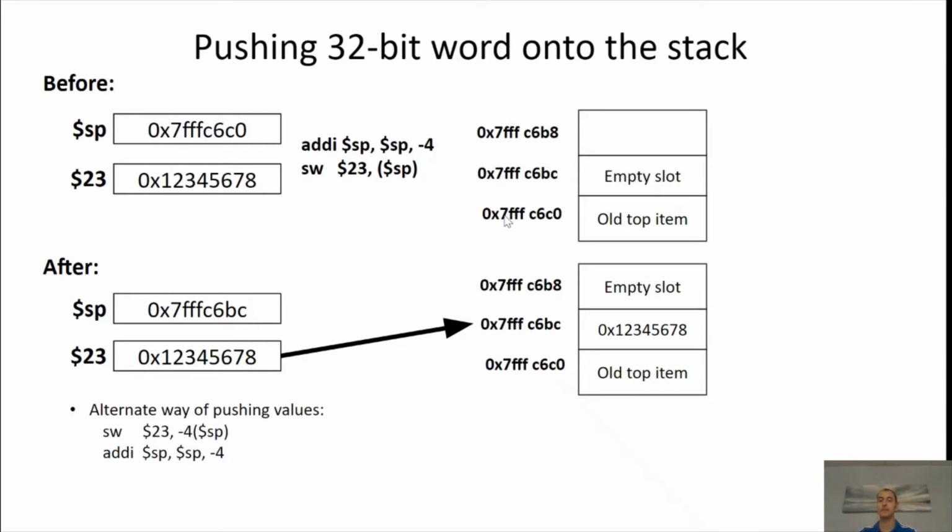So if I am adding a new item, which is this one, the item that I want to add, we said the stack pointer is going to get smaller. If the stack pointer is pointing at this location, and we are doing 32 bits, we have to move the stack pointer by the same size as the element that we are adding.